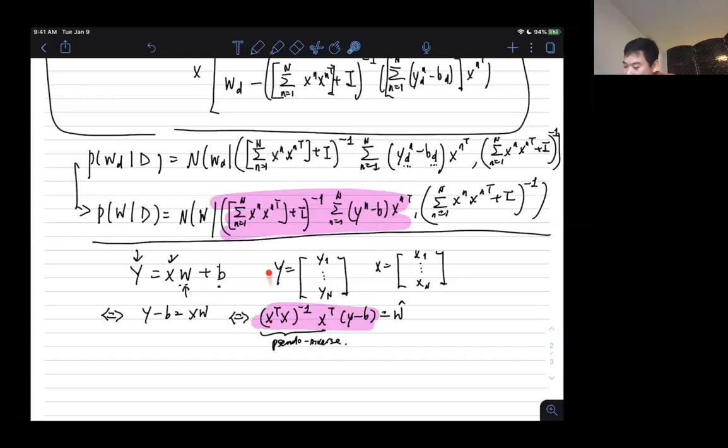So you see the stark contrast between the mean of the posterior distribution we got, and the pseudo-inverse solution to finding the Wayne matrix in a more traditional linear algebraic way. The only thing that differs is that we have inside this inverse the addition of the identity matrix. And this identity matrix works as the regularization. And this regularization in the traditional sense is called ridge regression.